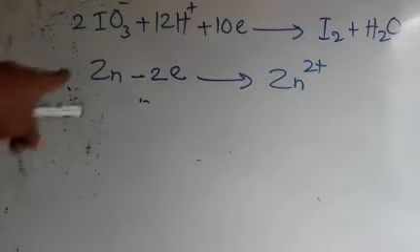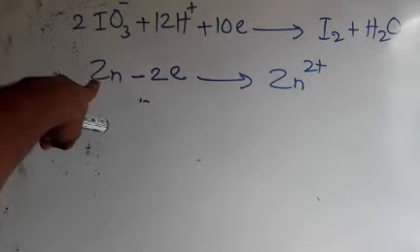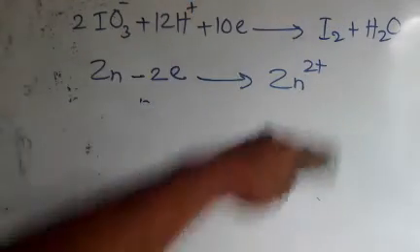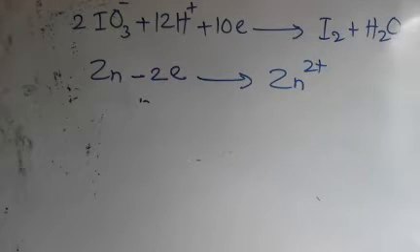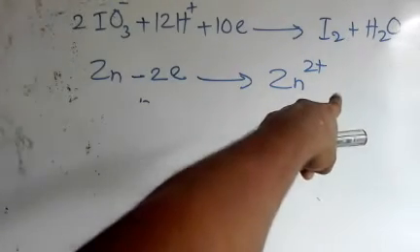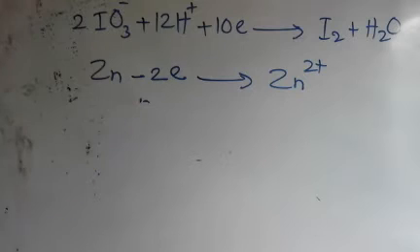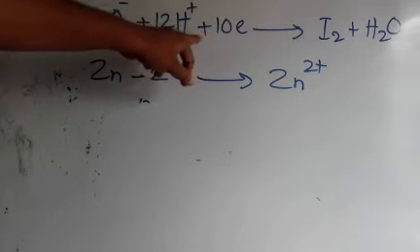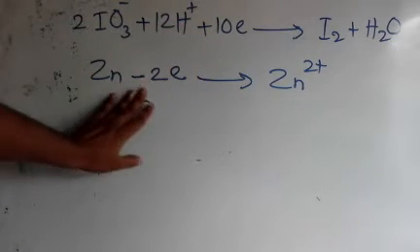Now you can see in the book zinc, the electrons are given on the other side as zinc 2 plus and plus electrons, but I put it on this side to show whether it's oxidation or reduction. Now here gaining of electrons is a reduction, here an oxidation.